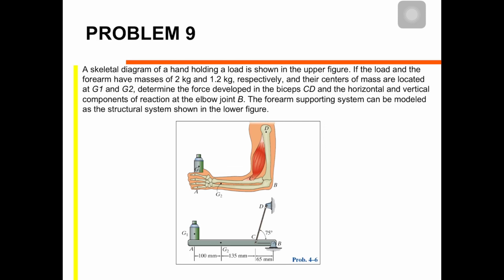Alright guys, now we look into problem number 9.